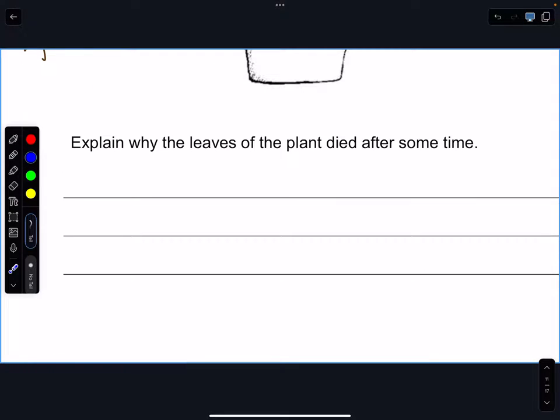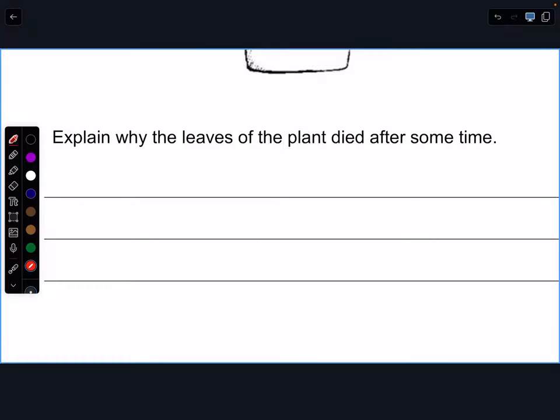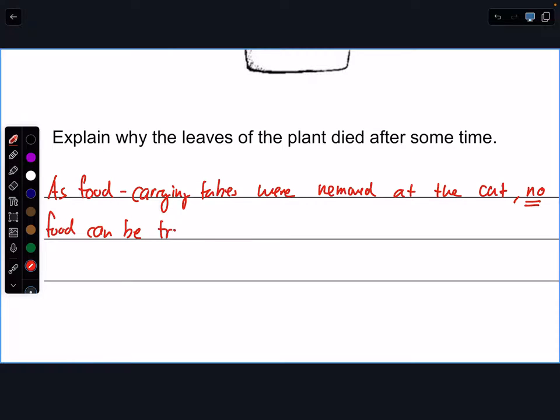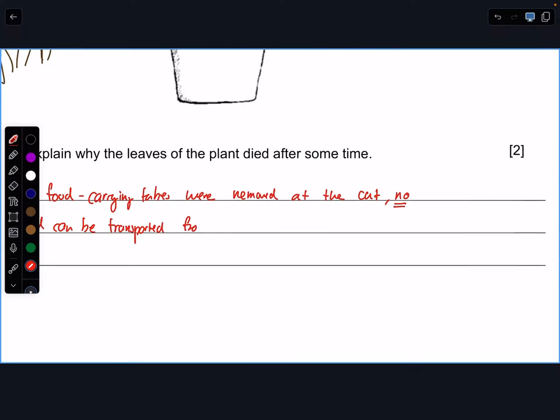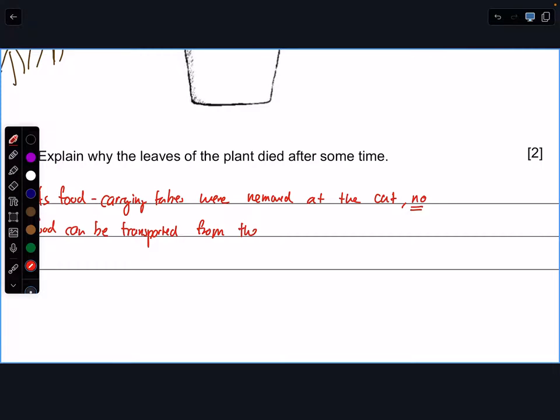So if we were to write this, you will first say that as food carrying tubes, or if you're very good, you can straight away say phloem, were removed at the cut, no food can be transported from the leaves to the roots.